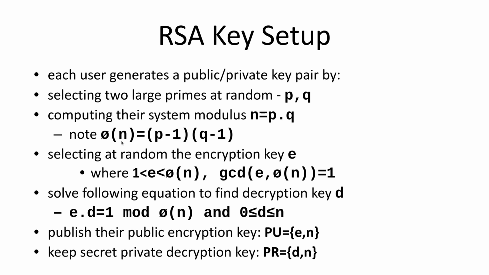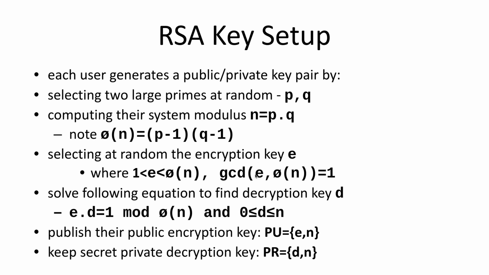Now once P and Q are selected, N is calculated, and phi of N is calculated, then at random select the encryption key E, but this E should satisfy two conditions. E should be between 1 and phi of N. In between means it should be less than phi of N, so it should be within phi of N minus 1. And GCD of E comma phi of N must be equal to 1.